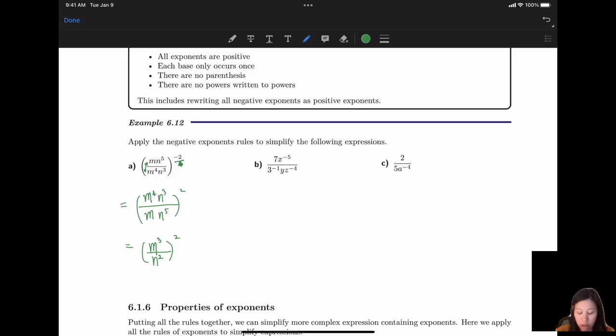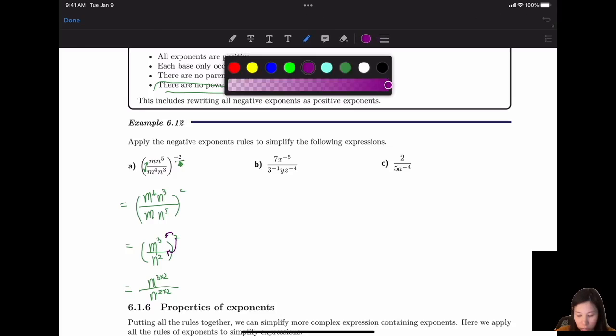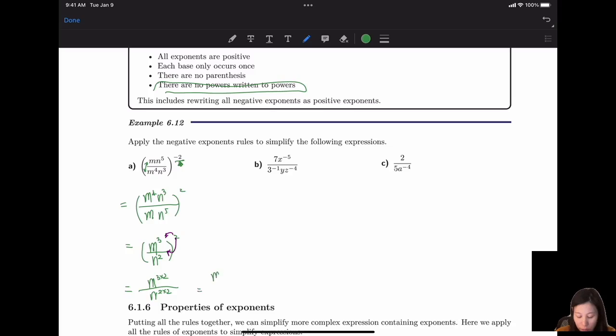Now we distribute, because look, there are no powers raised to powers. So that means we need to distribute the second power inside the parentheses. We have m to the 3 times 2, and then m to the 2 times 2. When you distribute, you need to distribute the power to both the denominator and the numerator. So here we have m to the 6 over m to the 4th.